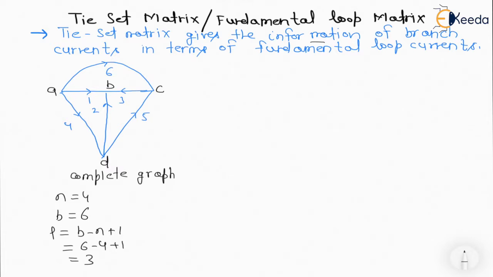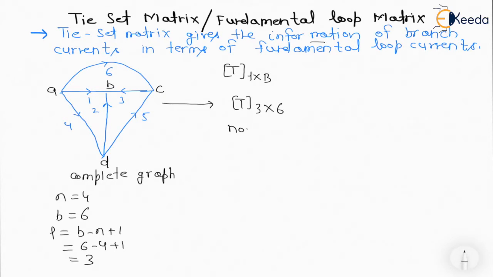So when we are finding the tie-set matrix T, the size of that matrix will be L cross B. So for this graph, the size of that matrix will be 3 cross 6.